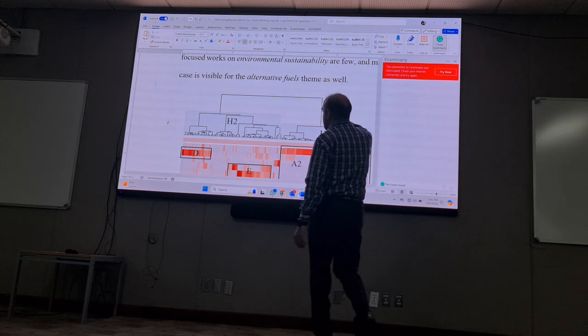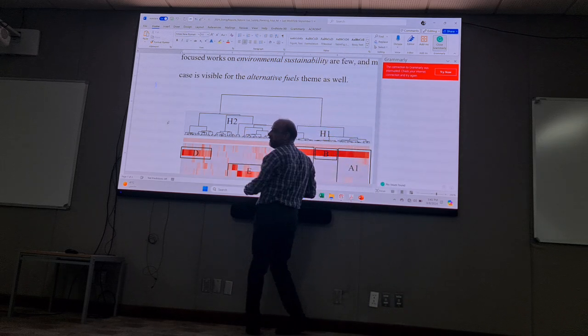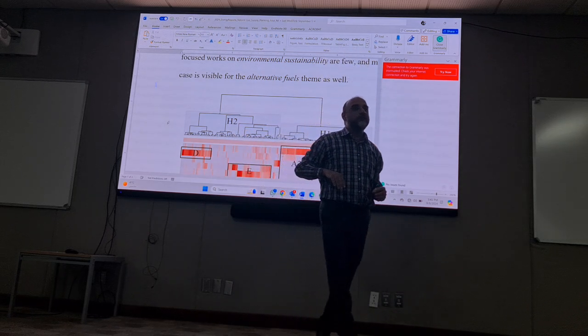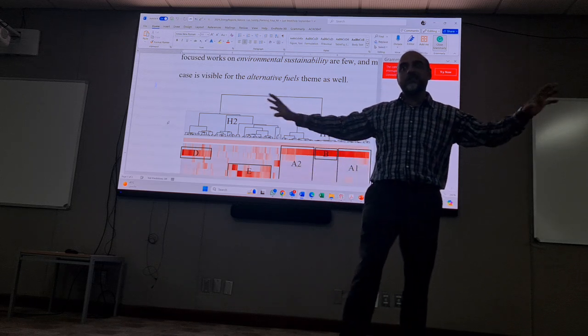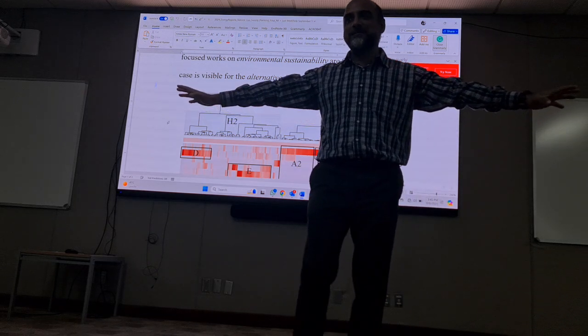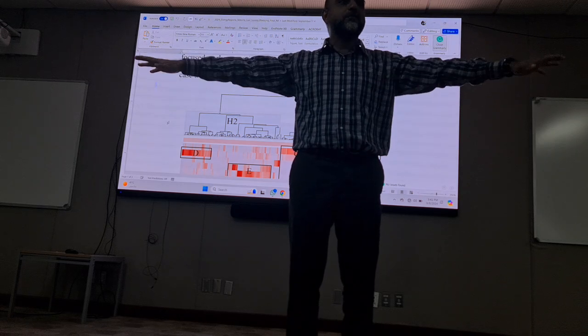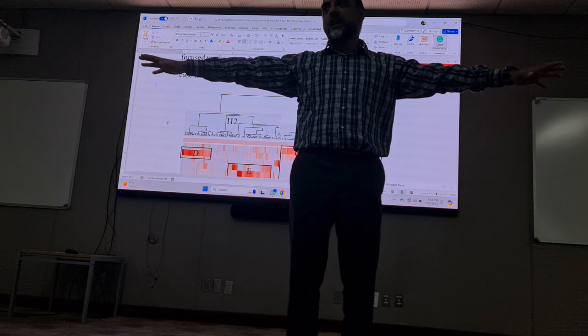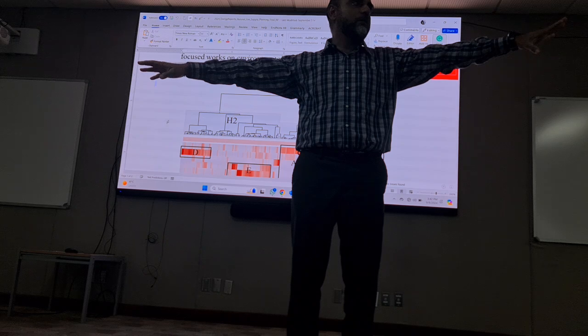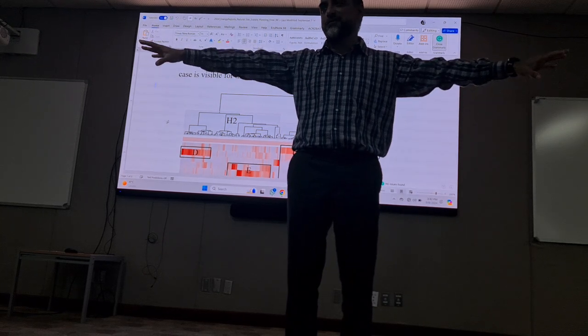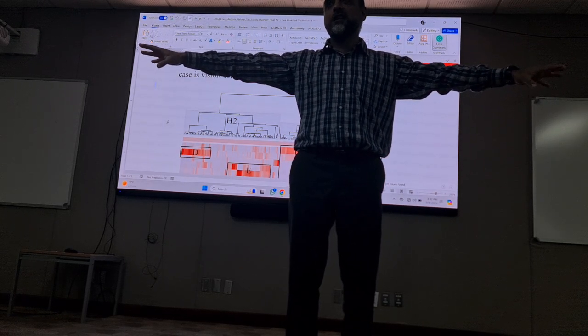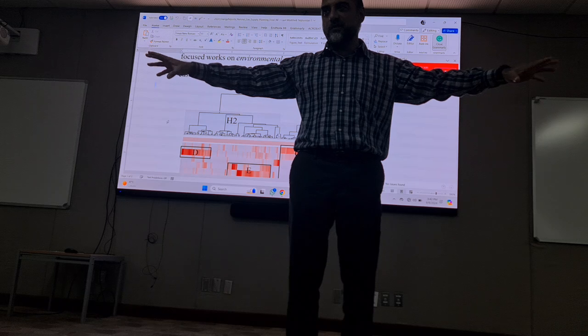So, do you see these two big chunks? It means we were able to see that this whole literature is actually divided into two big chunks. At least we know at the biggest level there are two big chunks. And we discovered that one of them is called demand forecasting and the other one is called transportation. Can you see how easy it is to visualize?